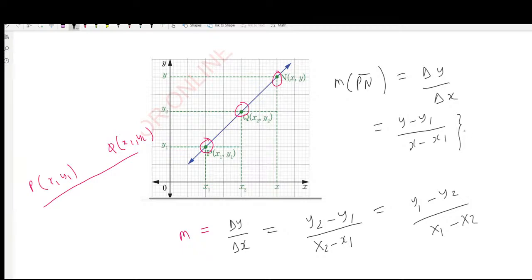So with this equation here, you can make y the subject.